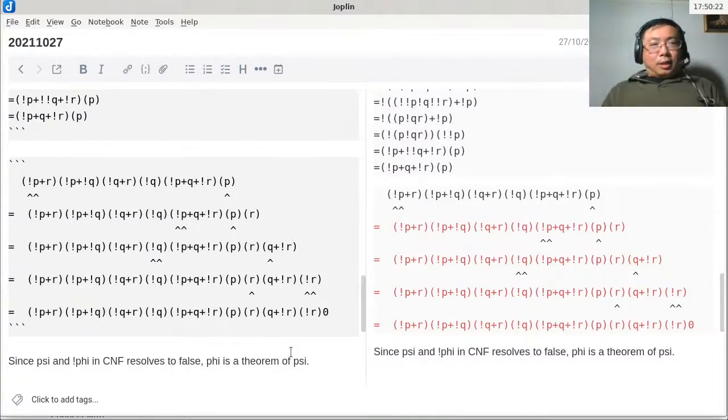When you have two CNFs, you make a concatenation to make one larger CNF, and then you perform resolutions step by step, until you either come to a dead end and say, this cannot resolve any further and we cannot get to false, in which case phi is not a theorem of psi. Or, like in this case, we do end up with a false, and as a result, by the principle of proof by contradiction, we can now prove that phi is indeed a theorem of psi.